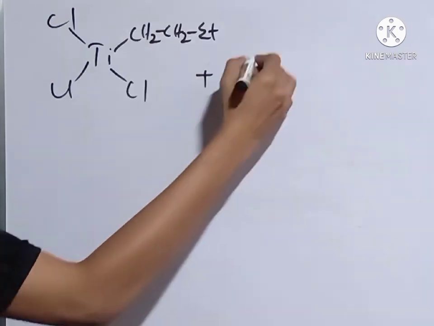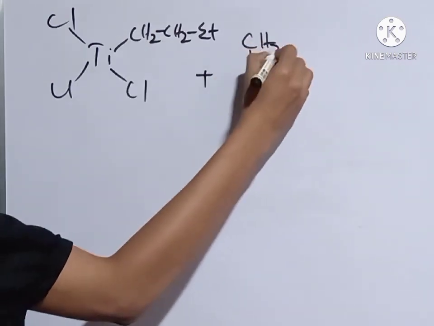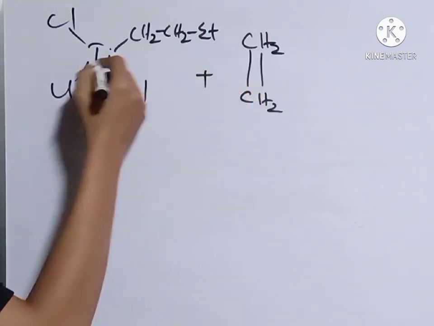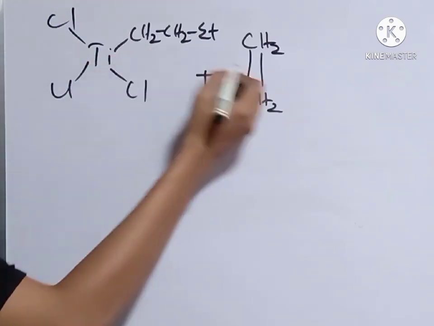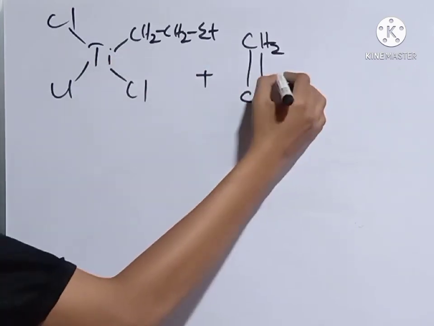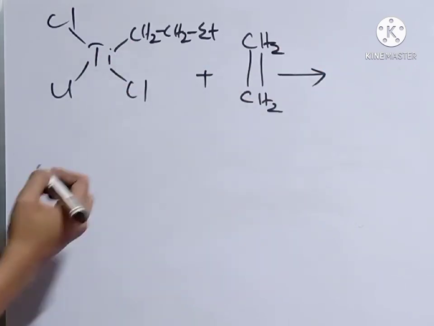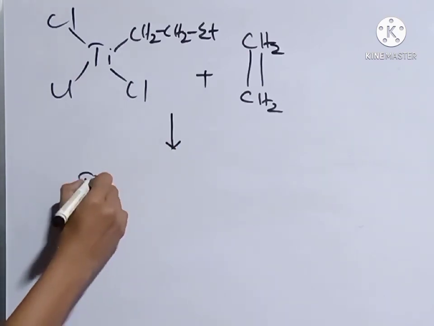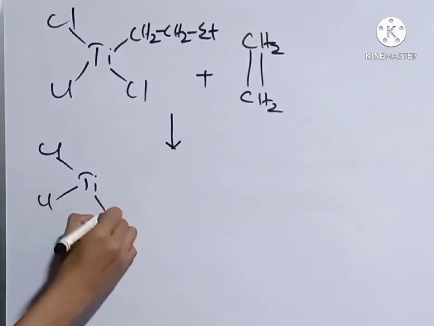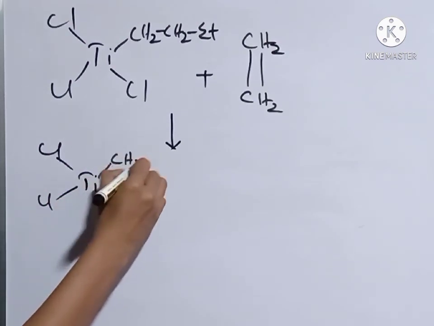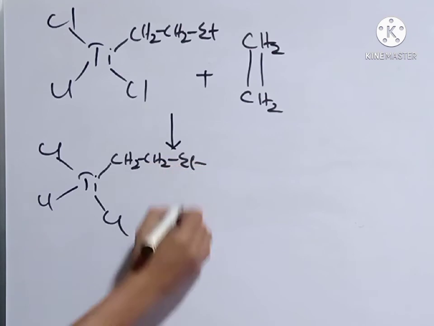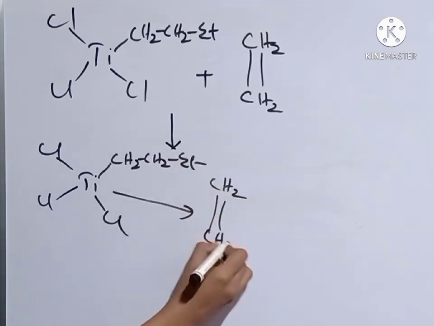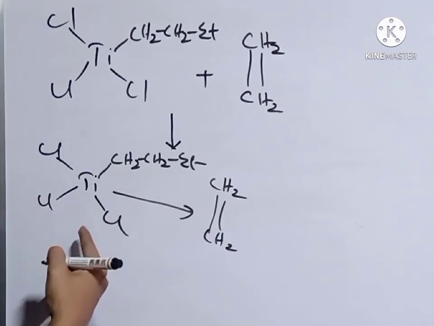So when the next olefin molecule is added to this, again this forms an organometal complex, an alkene metal complex like this: titanium, Cl3, and CH2, CH2, Et. This is the new alkene metal complex.